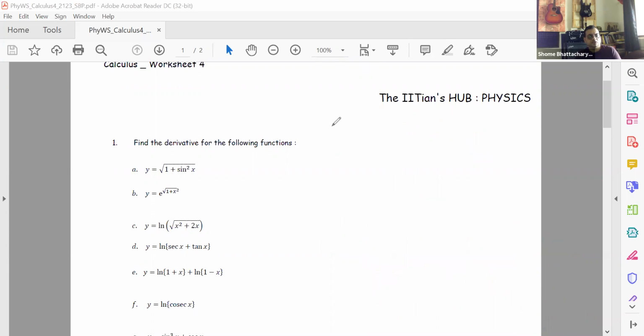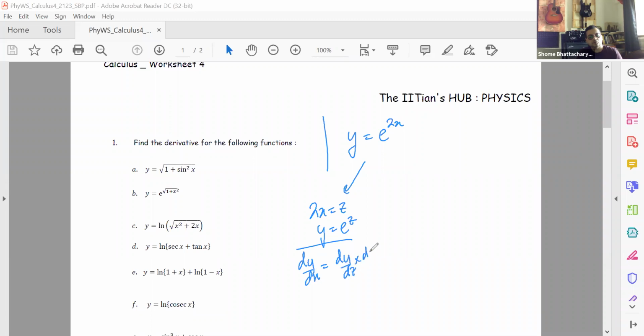Now, aside from this worksheet, let's say, suppose we have something like this, y is equal to e raised power 2x. So there are a couple of ways of understanding this. Okay, one is that we can take 2x as z. So y is equal to e raised power z. So dy by dx will become e raised power z into 2.